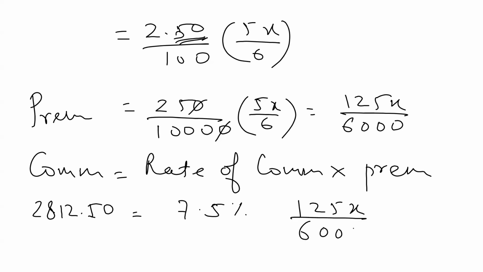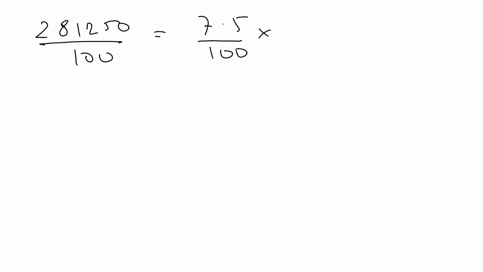So we are going to solve this further. First, I'm going to adjust the decimal digits and the percentage. So this will be 281250 upon 100 is equal to 7.5 upon 100 into 125x upon 6000.